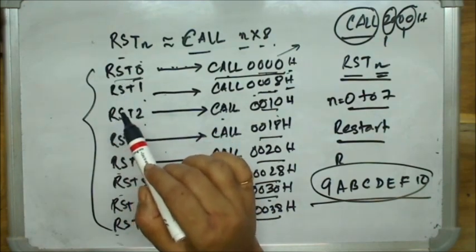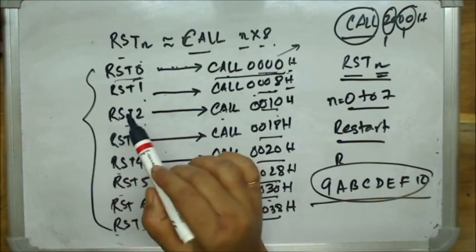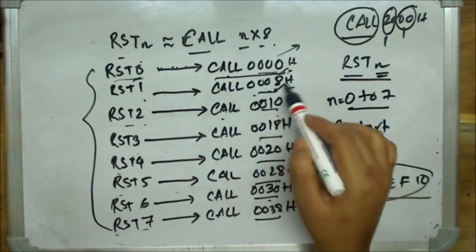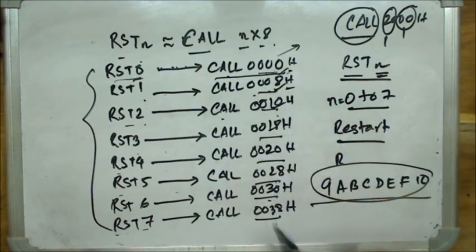But it will not work for every location. RST instructions work only for these stipulated locations: 0000, 0008, 0010, 0018, 0020, 0028, 0030, 0038.